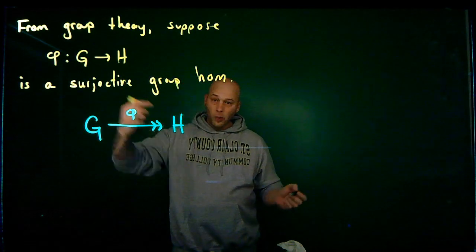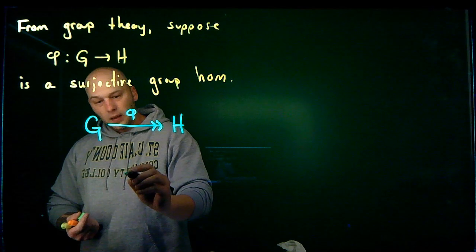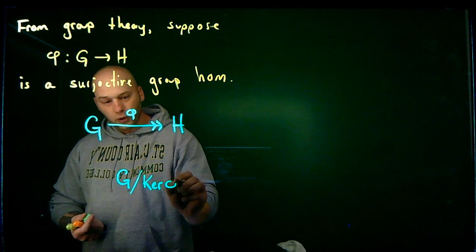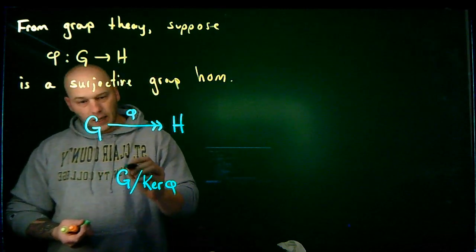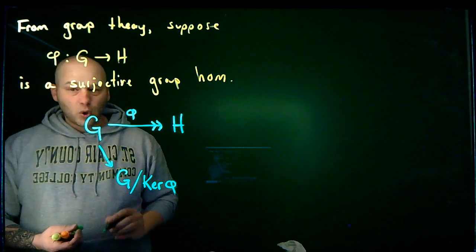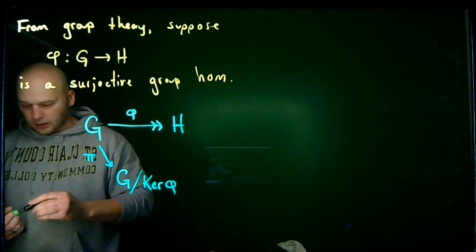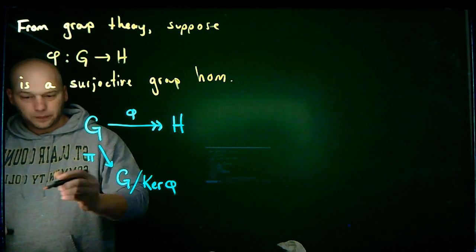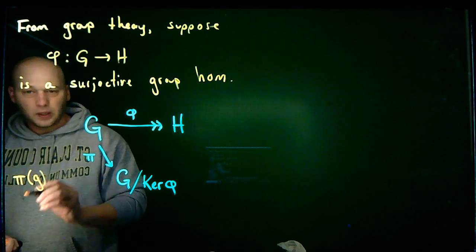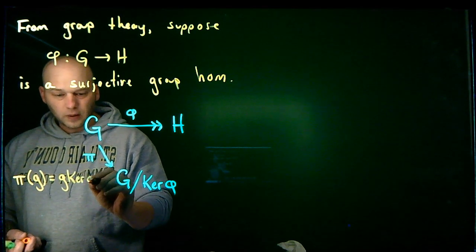Well, for any group homomorphism, we can form the kernel of phi, and so what I can do is take G mod the kernel, which is a quotient group, and I can take the mapping from the group G to its quotient and I'll call that pi. So again, off to the side here, remember pi takes an element of the group and it spits out a coset of the kernel.